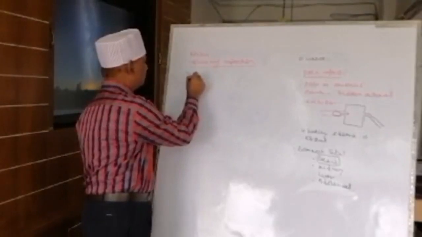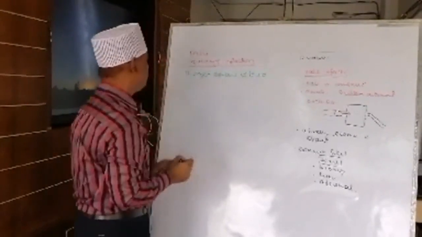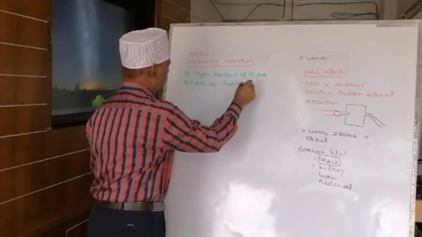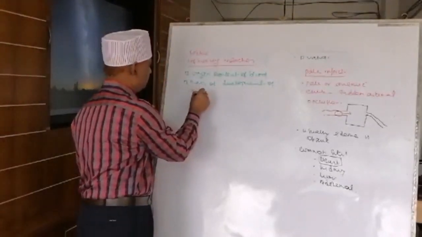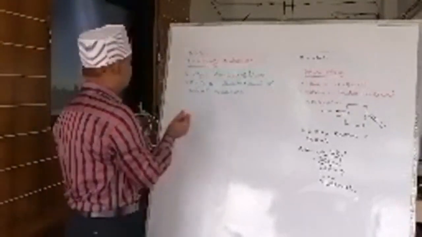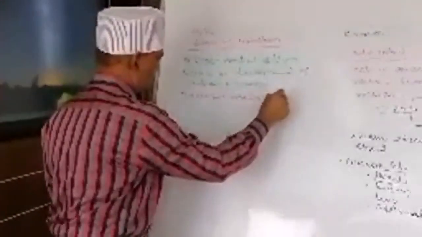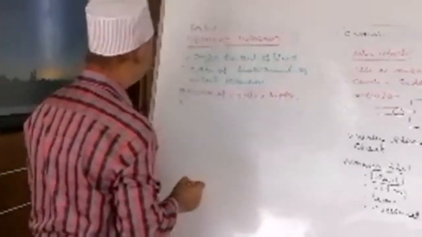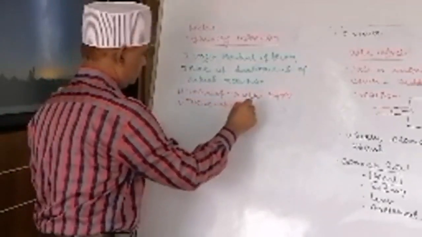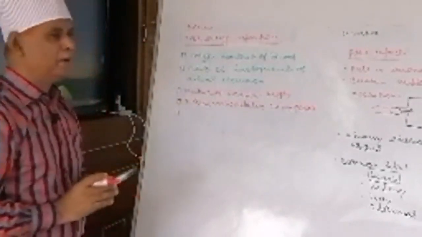Oxygen content of blood. First one is oxygen content of blood, then rate of development of arterial occlusion, then nature of vascular supply, then tissue vulnerability to hypoxia, and last one is cardiorespiratory status of individual.